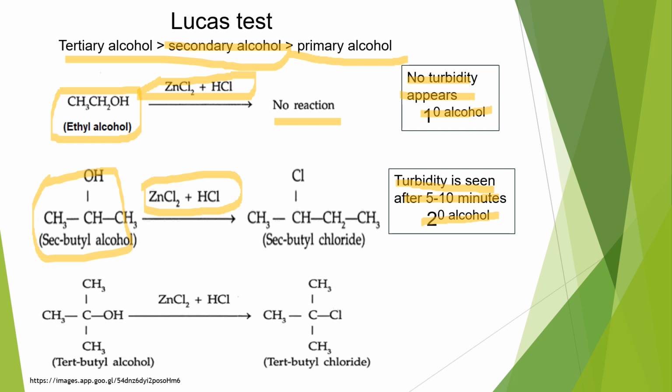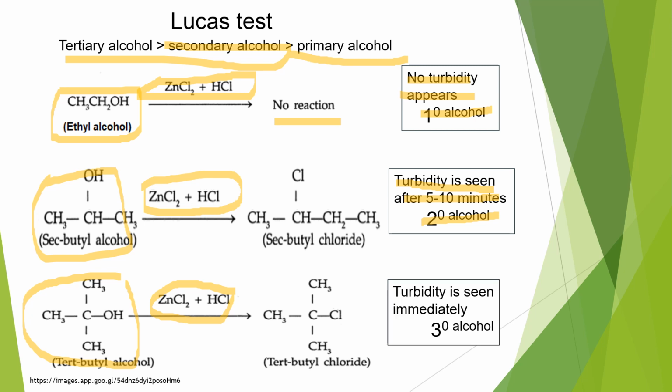Fine. Then similarly, how do we know it is a tertiary alcohol? So, take the given alcohol solution, add Lucas reagent, that is zinc chloride and HCl. It forms a product, of course. How do I know the product has formed?